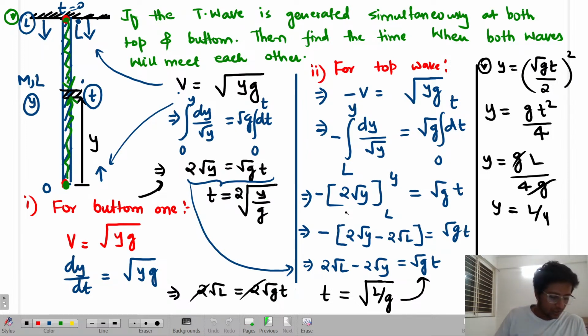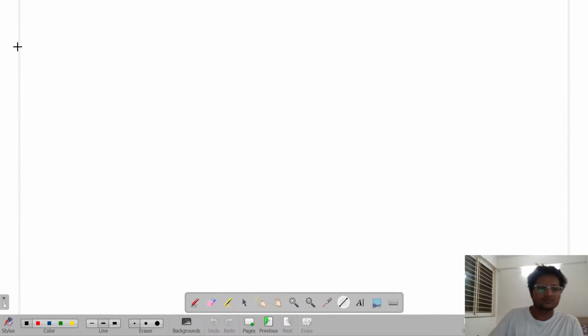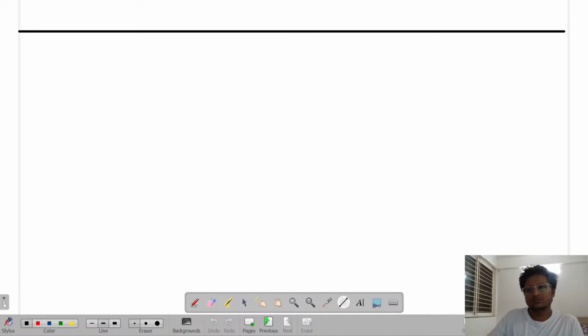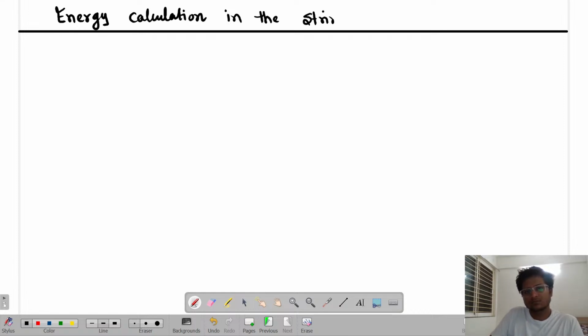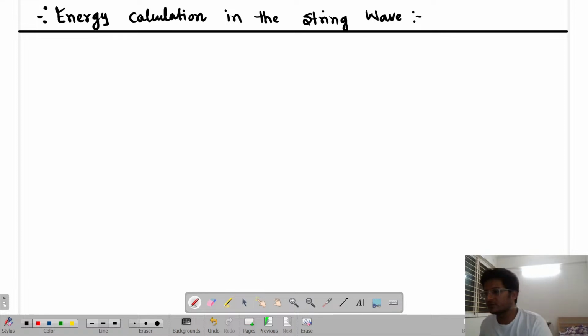Okay. So now give the heading. Energy calculation in the string wave.